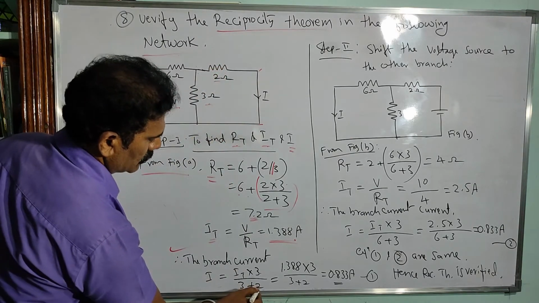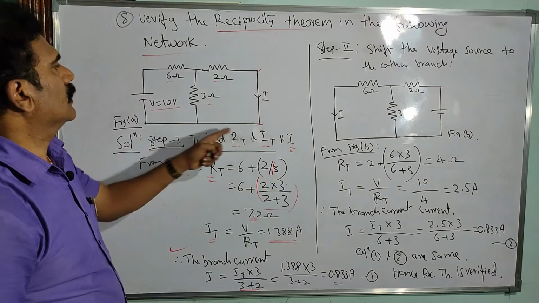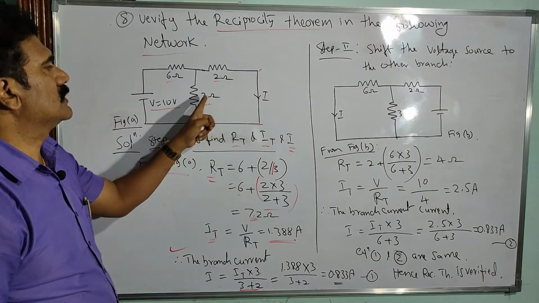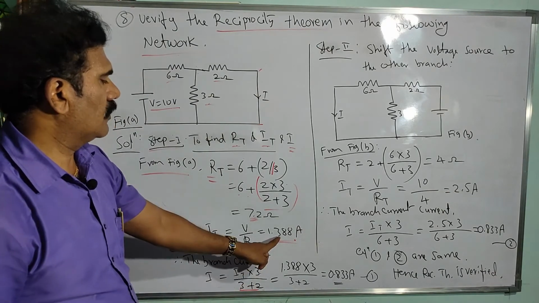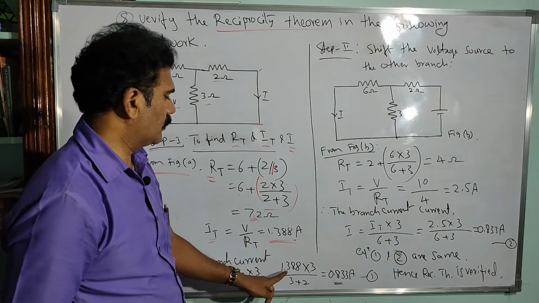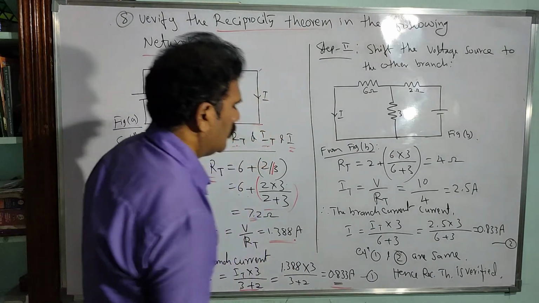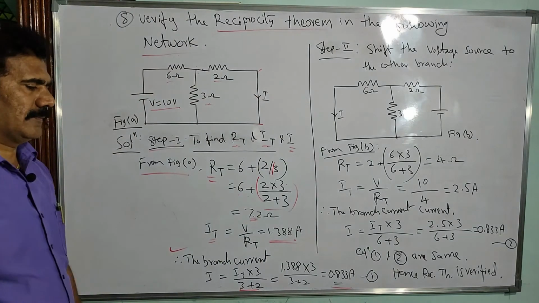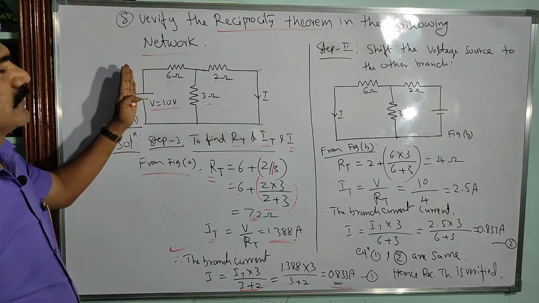Substitute the value of IT, total current 1.388, into 3 divided by 3 plus 2, and it will give you the value 0.833 amperes. This is the branch current when the voltage source is present on the left hand side.